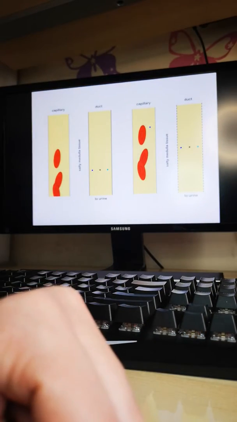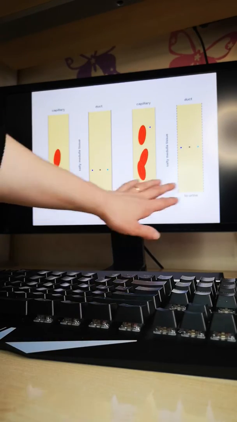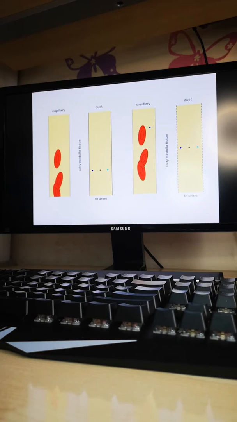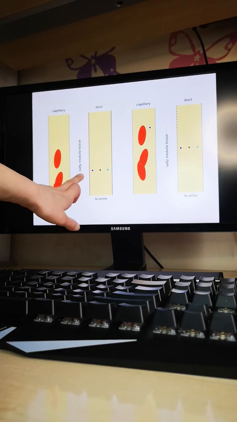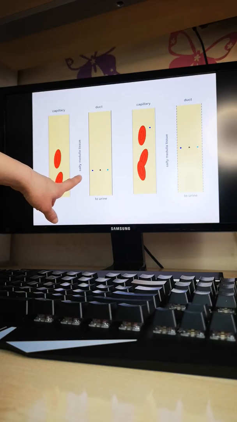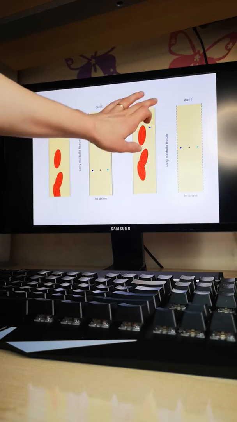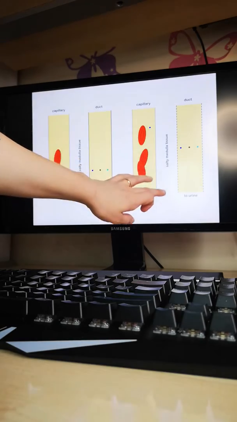Now, the collecting duct walls can be not permeable or permeable. Remember the medulla tissue is salty, and the medulla tissue is always salty because of the sodium and chloride ions that leave the loop of Henle. So that's what creates that condition of a salty medulla tissue.